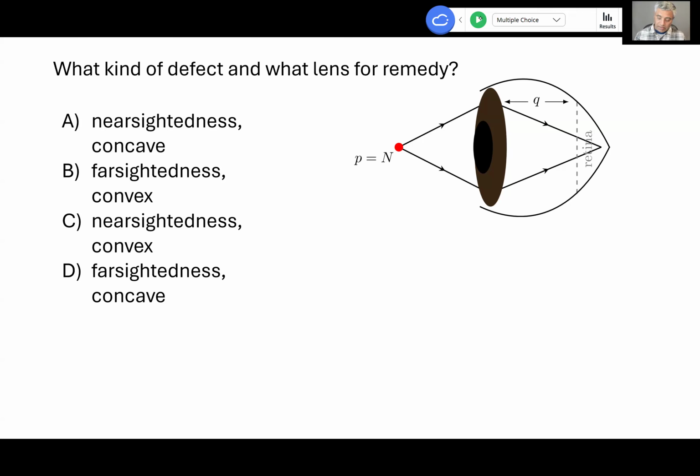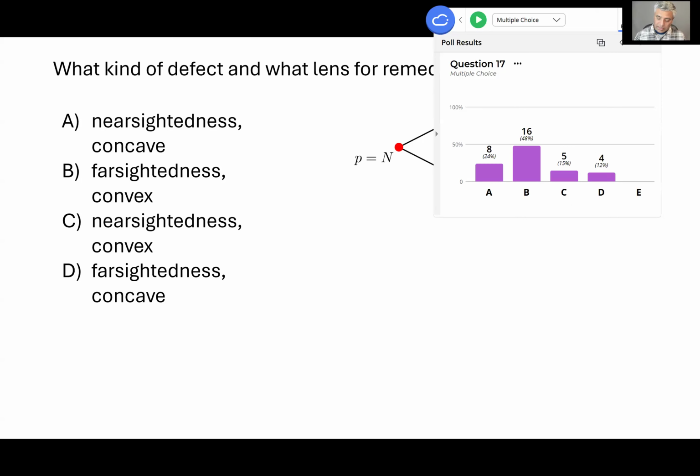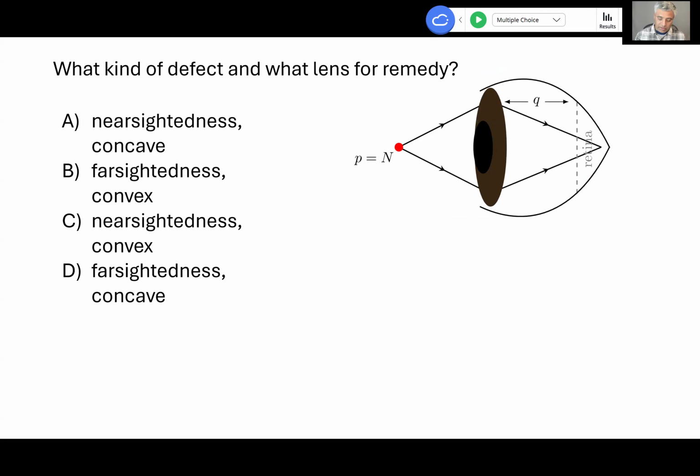Okay. So let's see what we got here. There are quite a few B. So it looks like there is a problem here for the near, because it's not focusing on the retina. Not focusing on the retina means a problem. So that means it cannot see the near, so that's why it is not nearsightedness.